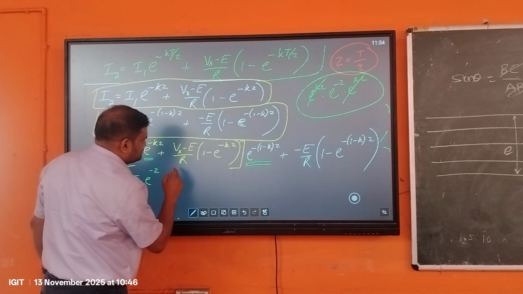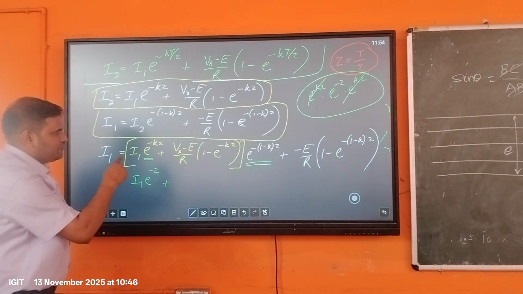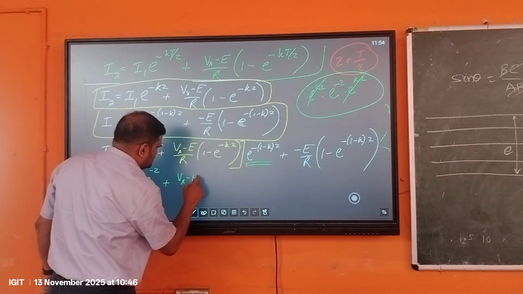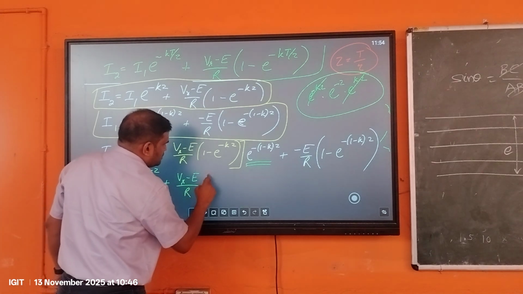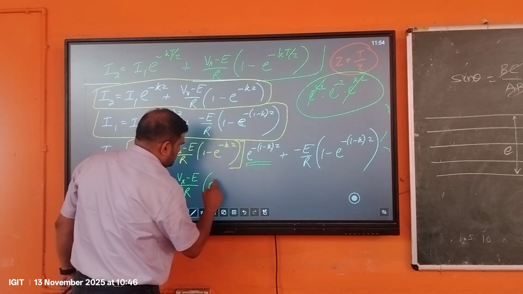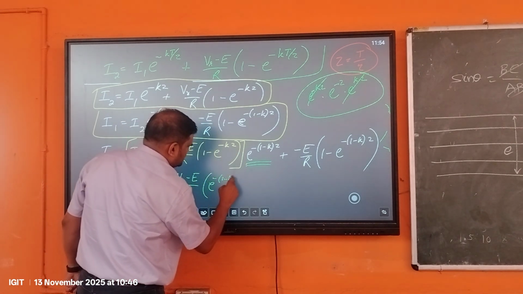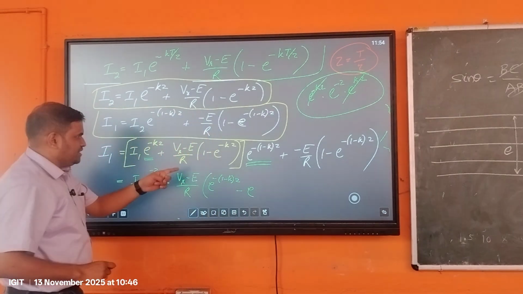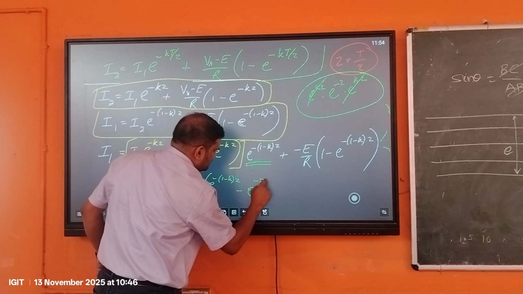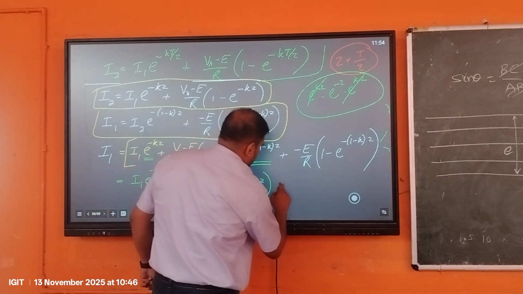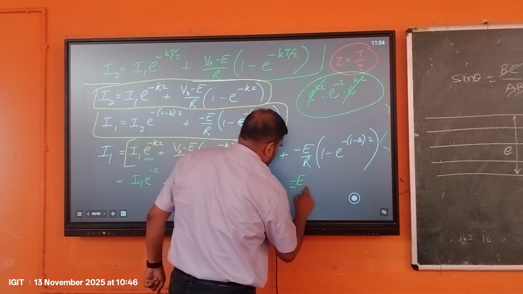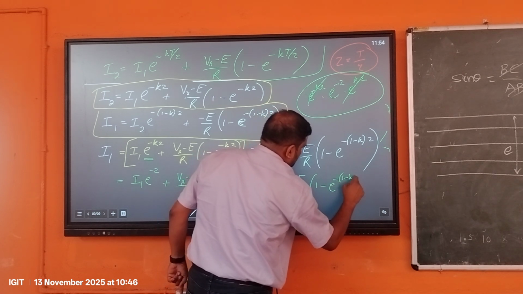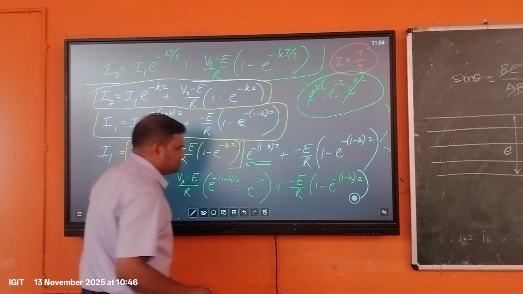Then this side we can write down easily. Vs minus e by r, this will be here e to the power minus (1 minus k) z minus e to the power minus z, correct? And this will be minus e by r times (1 minus e to the power minus z).